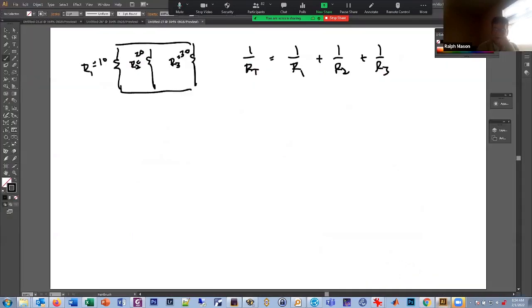What do we do? Anybody give me a hint? We convert these to conductances, right? What's a conductance? We call it G, right? G equals 1 over R, the conductance of that resistance. And so we say the G total is just equal to G1 plus G2 plus G3.